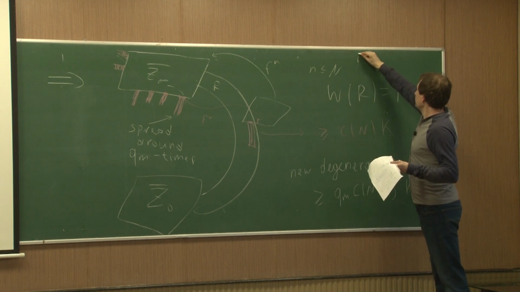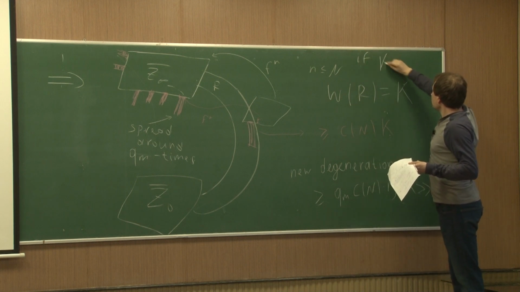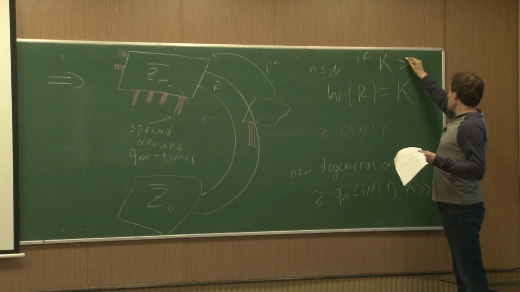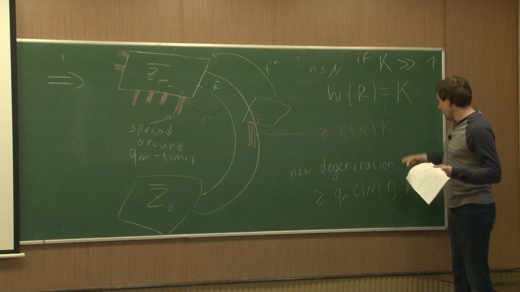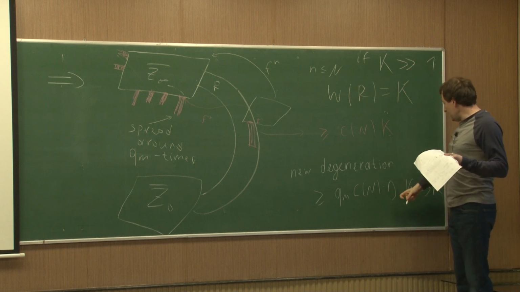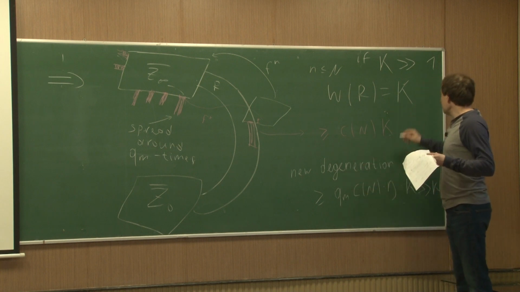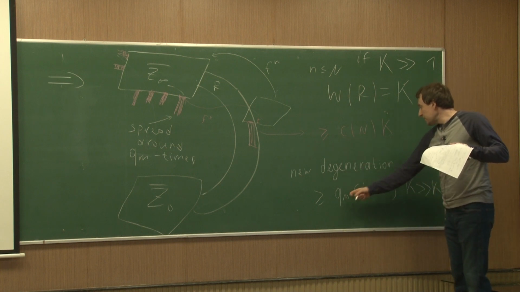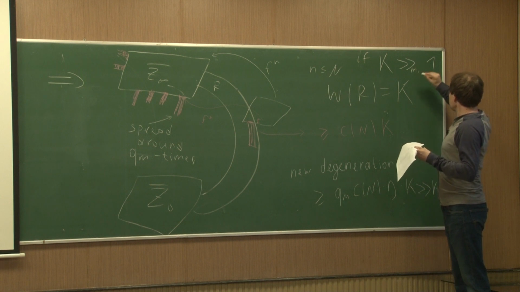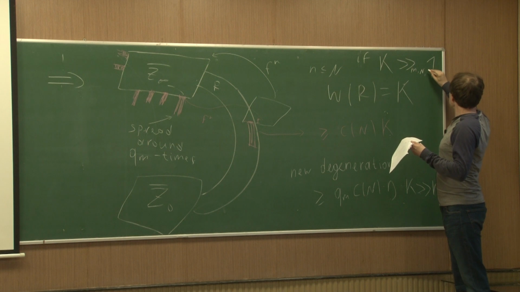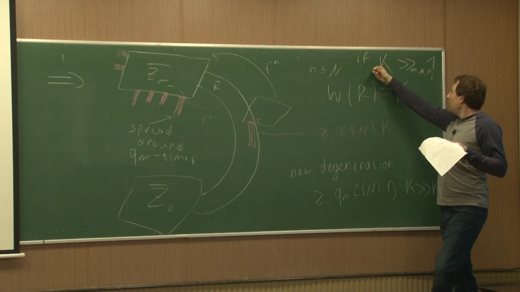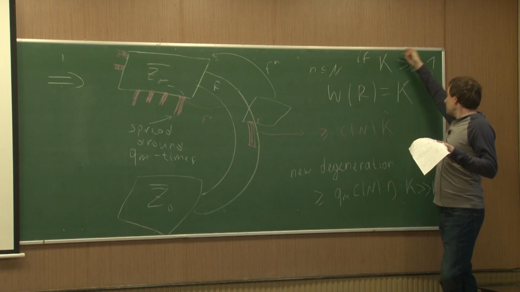So if the original degeneration was sufficiently big, and sufficiently big would depend on this capital N, on m and eta. So there are these constants that appear, and these constants that appear, we can beat them by allowing k to be sufficiently big.